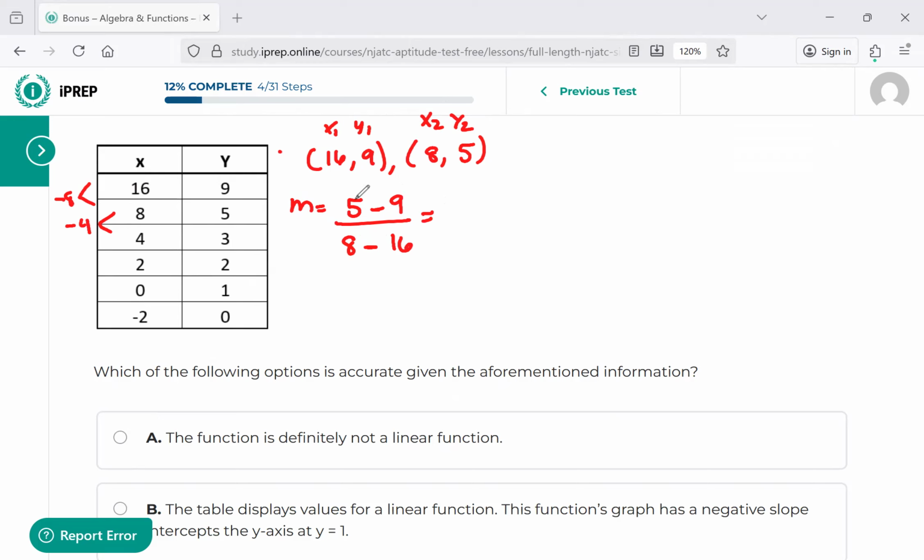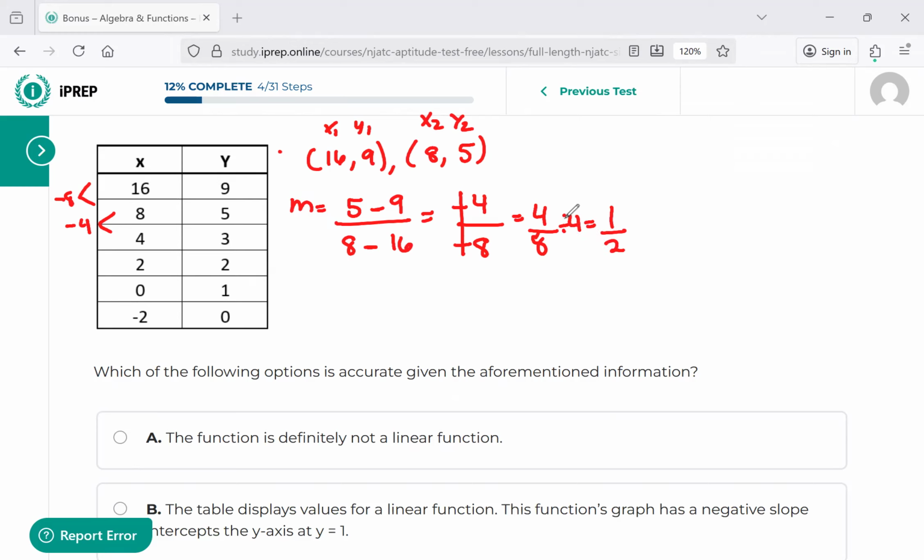So 5 minus 9 is negative 4. 8 minus 16 is negative 8. Two negatives becomes a positive, so 4 over 8. This could be reduced by 4, so that's 1 over 2.